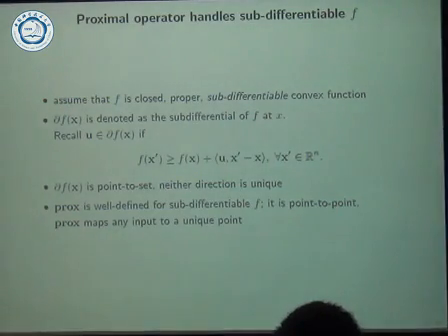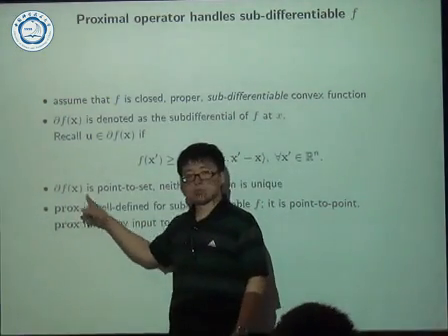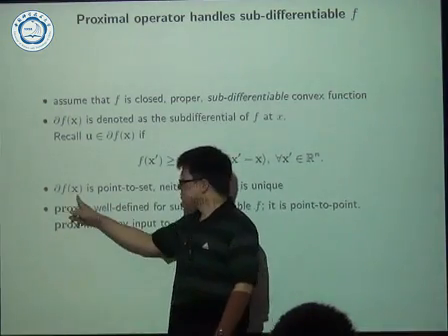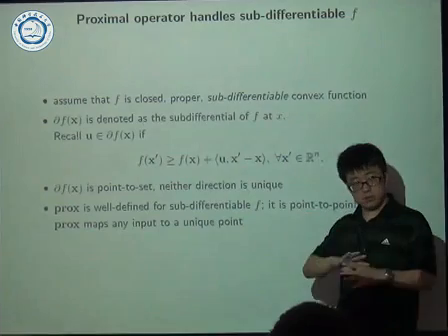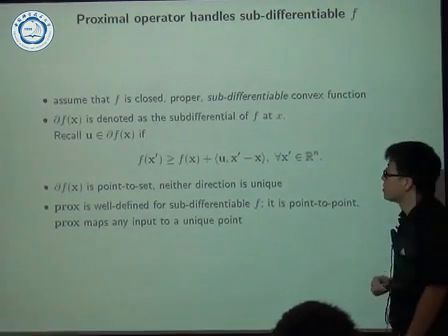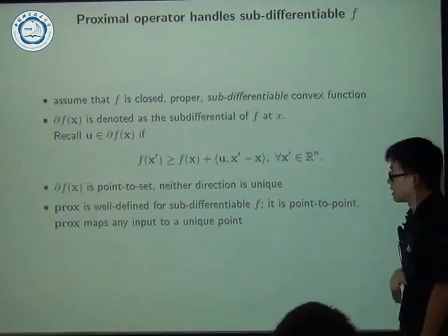Now, in general, the subdifferential is a point-to-set mapping. I give you a point, you return me a bunch of u. It's not just one u. It's a whole set of u.